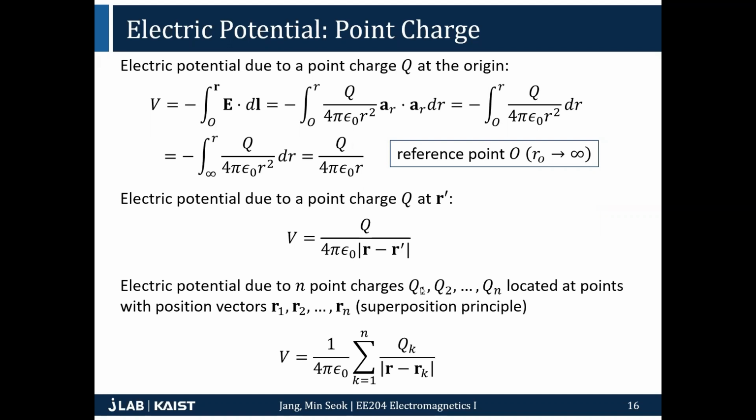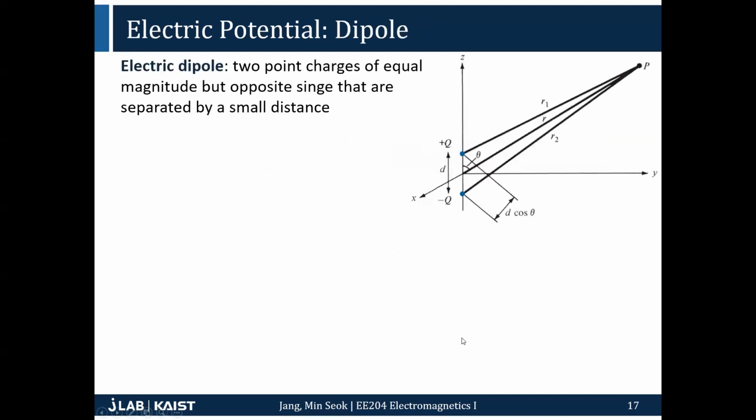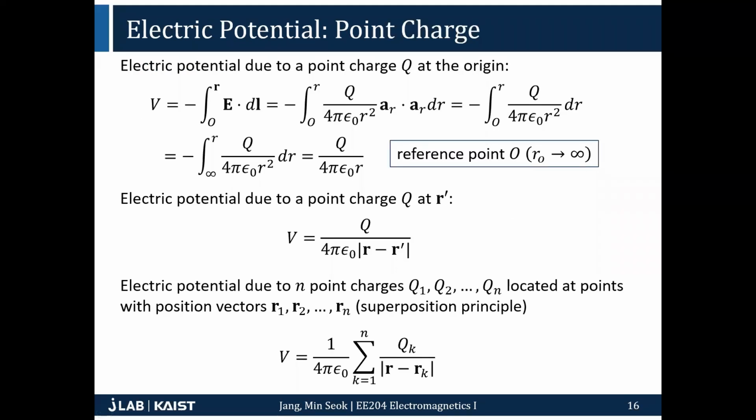Like if you have Q1, Q2, Q3 located at R1, R2, R3, and Rn, you can just add them up, right? You can just apply the superposition principle and take a summation of this thing. Okay, so any question up to this point?